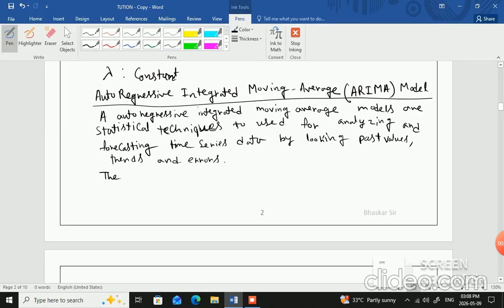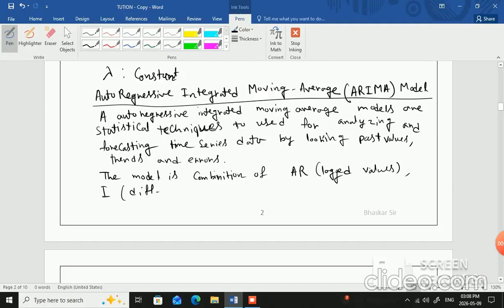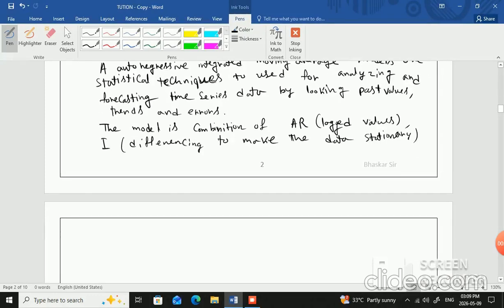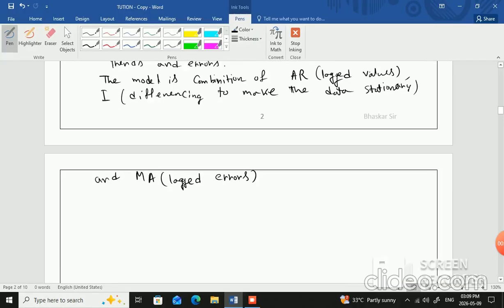The model is a combination of AR, lagged values; I, that is differencing to make the data stationary, that means integrated; and MA, lagged errors components.